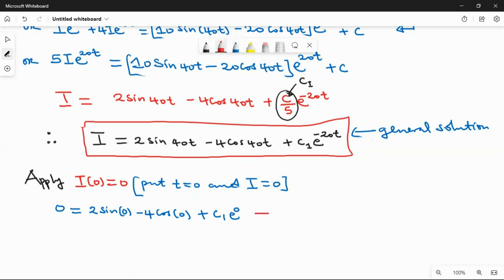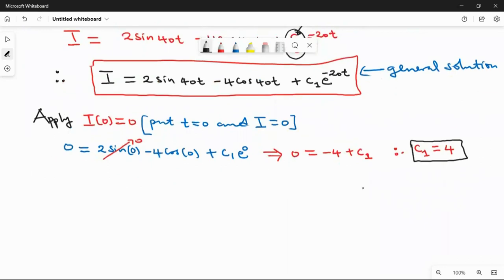So this simply means that 0 is equal to negative 4 plus C1. So therefore, you can make C1 the subject. Therefore, C1 is equal to 4. That was the constant. Now we know its value. So when you replace back into the general solution, you get the particular solution.